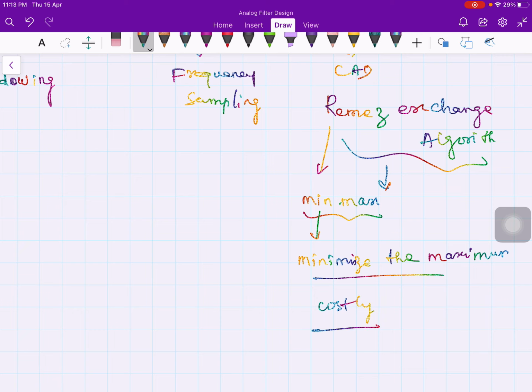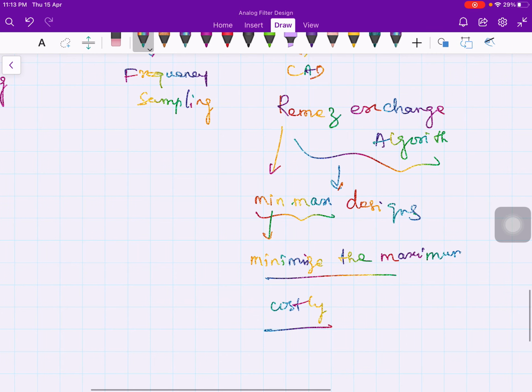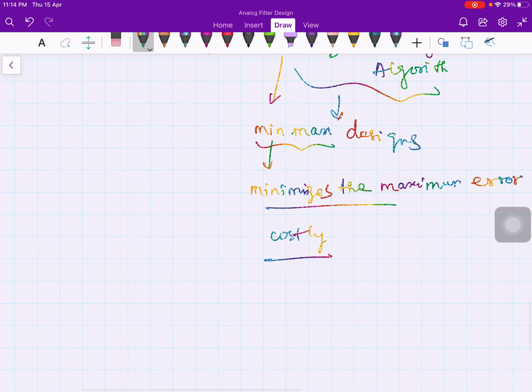They are very costly programs for the design of FIR filters using computer aided design, and such designs are called min-max designs, because these designs minimize the maximum error. So they are called optimal in that sense.